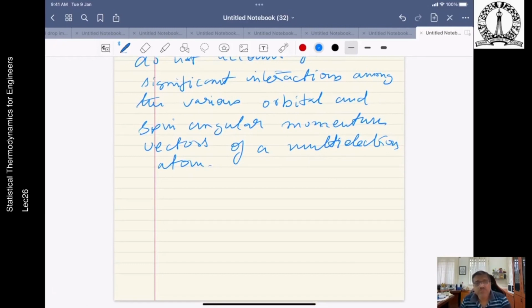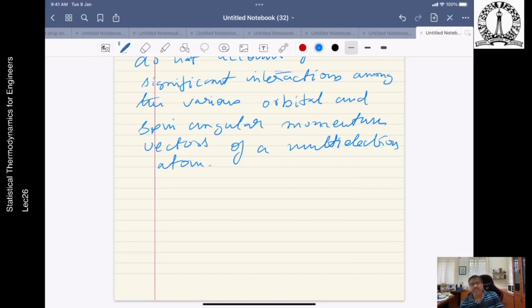So though the four quantum numbers are essential and they are used to determine the electronic configuration, they are not enough because there are significant interactions among the various orbital and spin angular momentum vectors.